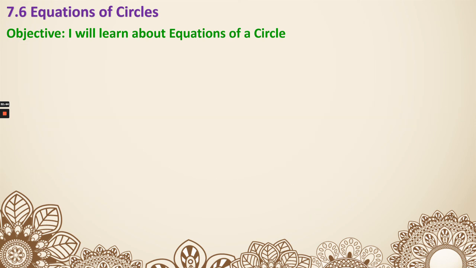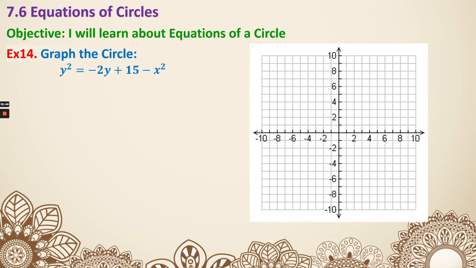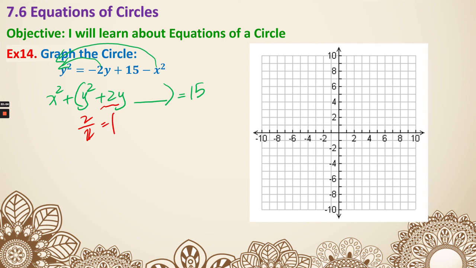Next, last one, example 14. Still the same. Move my y over, move my x squared over. So I have x squared plus y squared plus 2y. Leave a blank for the y's, equals 15. Number I have right here is a 2. So 2 divided by 2 is 1.